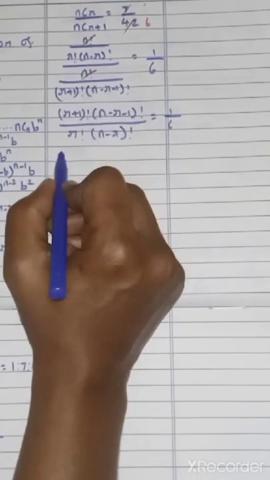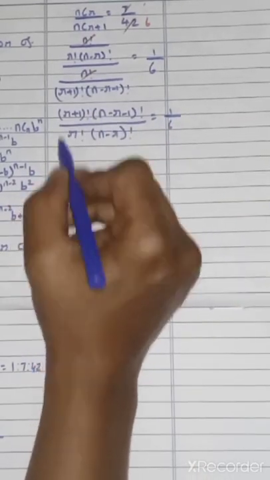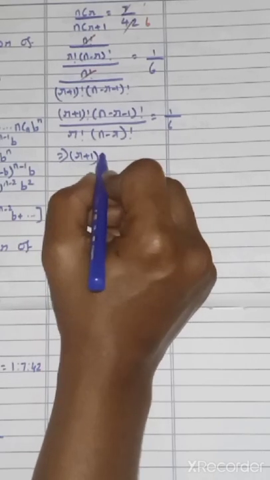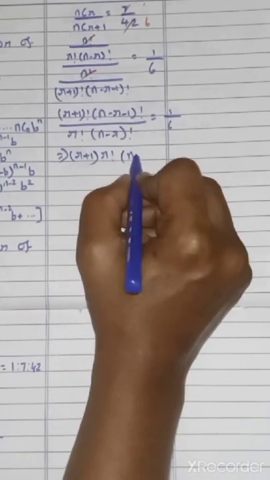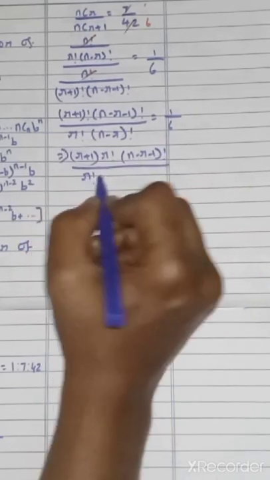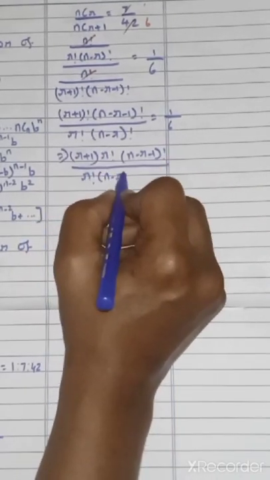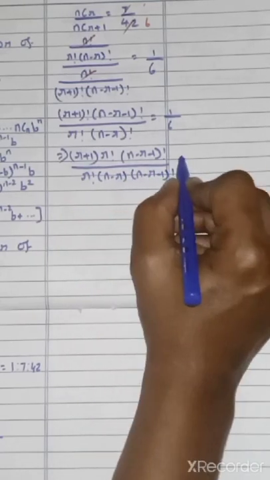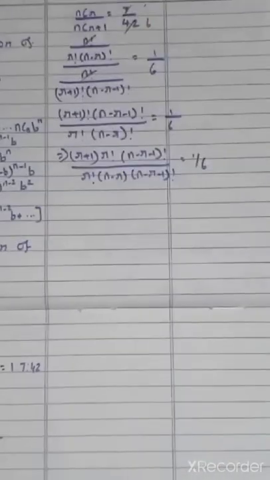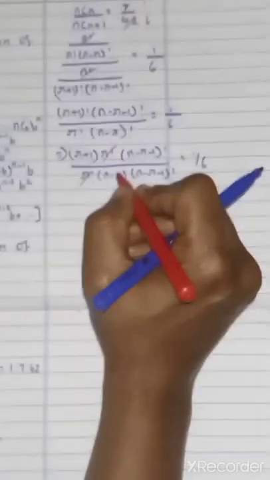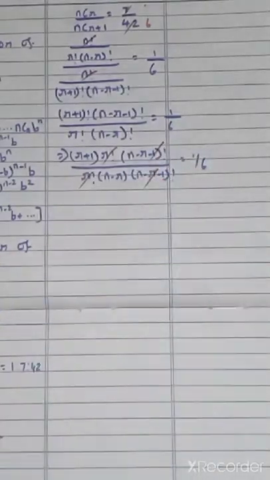You can rewrite this as (r plus 1) into r factorial, into (n minus r minus 1) factorial, divided by r factorial into (n minus r) into (n minus r minus 1) factorial, which is equal to 1 by 6. So r factorial will get cancelled, this factorial will get cancelled, correct?